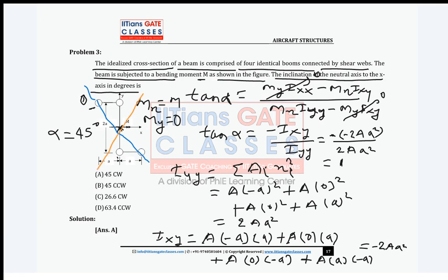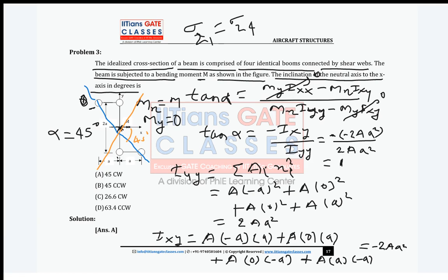The blue one is correct. This is correct. And one more thing I want to tell. If you find the bending stresses on this boom 1, what will be your sigma Z1 and Z4? Can anyone tell? These will be 0.